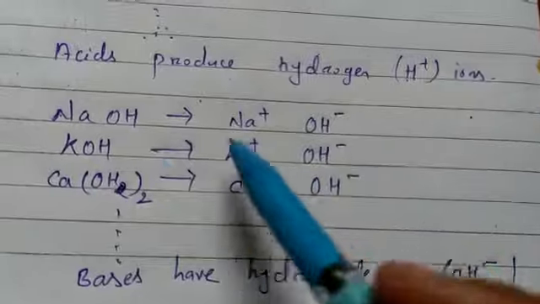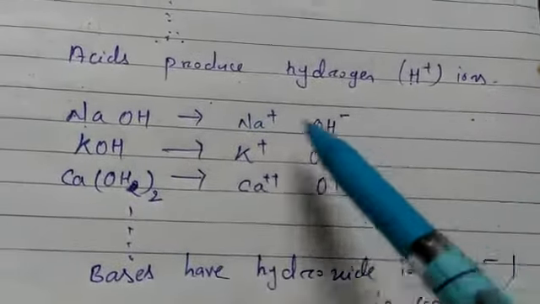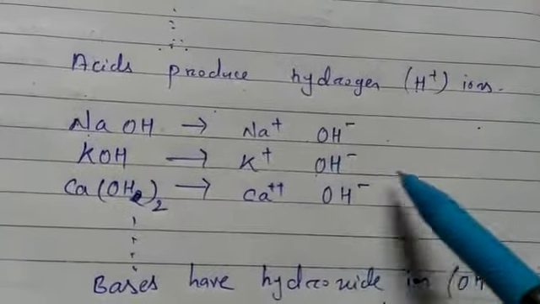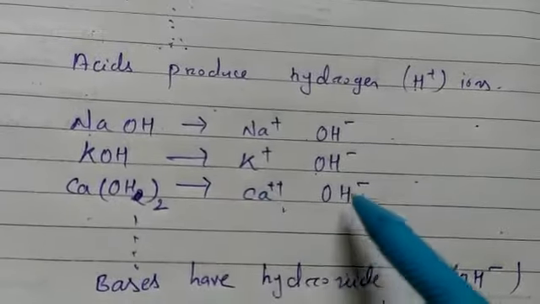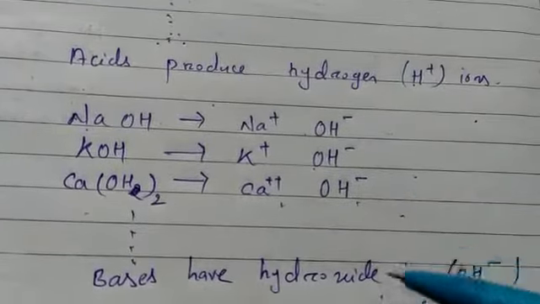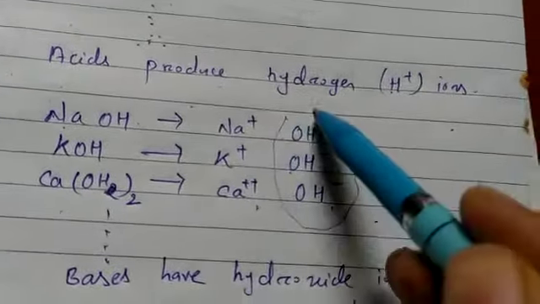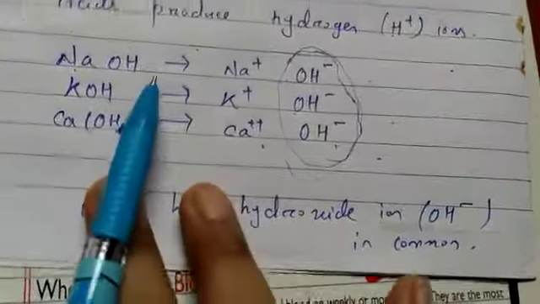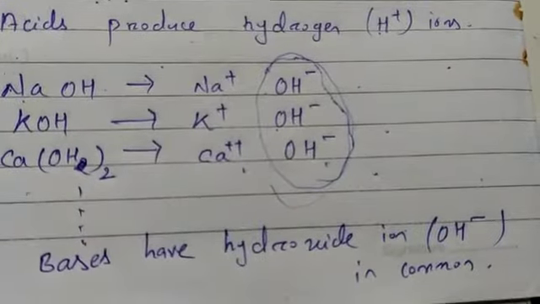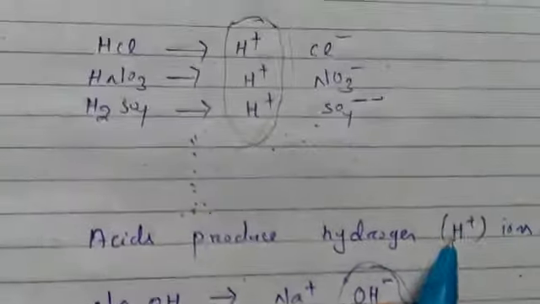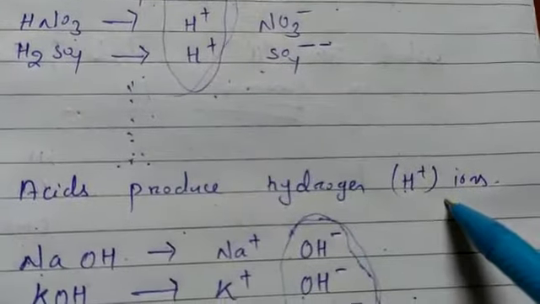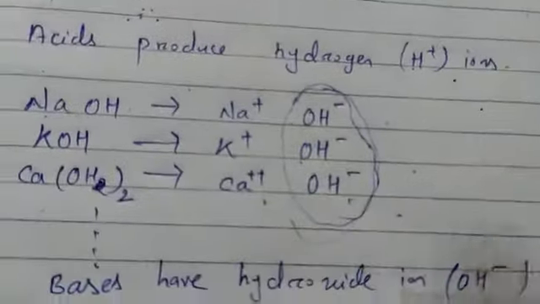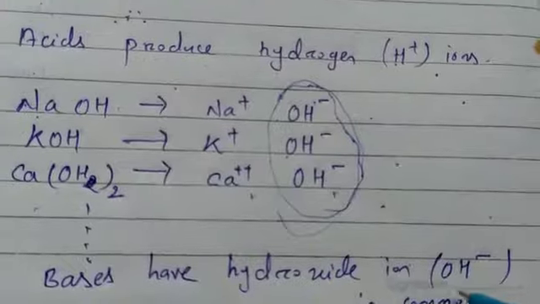Then you can see NaOH gives Na plus and OH minus, KOH gives K plus and OH minus, Ca(OH)2 gives Ca double plus and OH minus. The hydroxide ion is common in all the bases. So just as acids have the hydrogen ion H plus in common, bases have the OH minus ion in common.